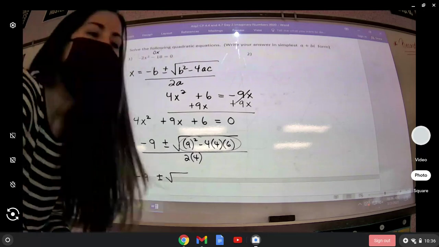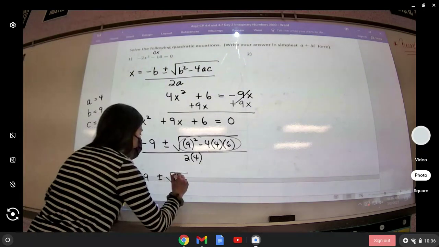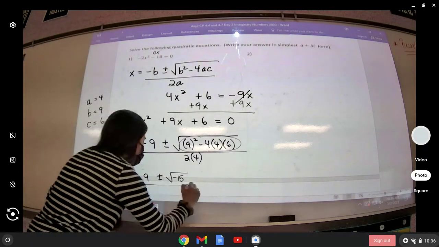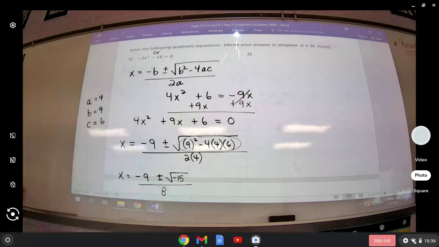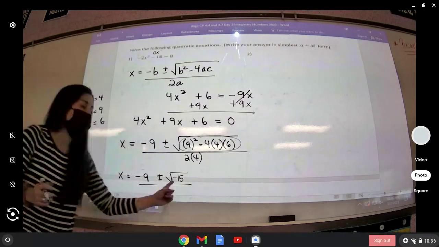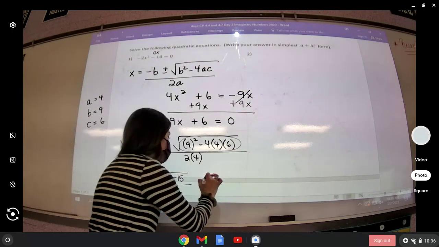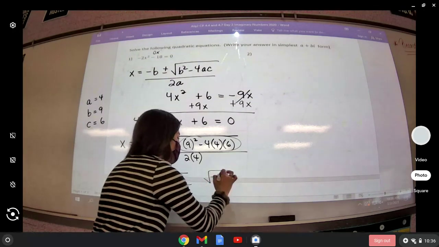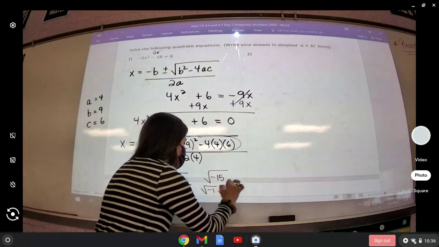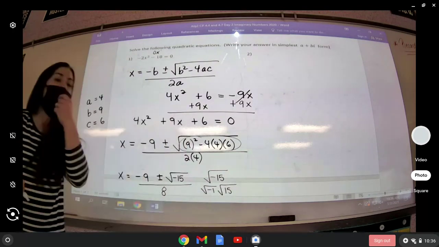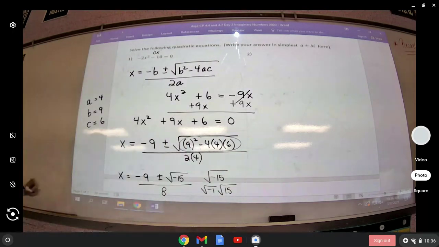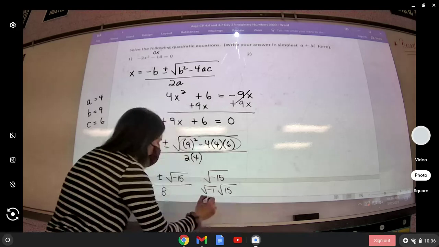You should get negative 15, all divided by 8. Okay? Well, guys, we have to fix the square root of negative 15, so take it off to the side. We're going to break it up into the square root of negative 1 and the square root of 15, because we know that's no real number. That's definitely imaginary. So the square root of negative 1 is i.